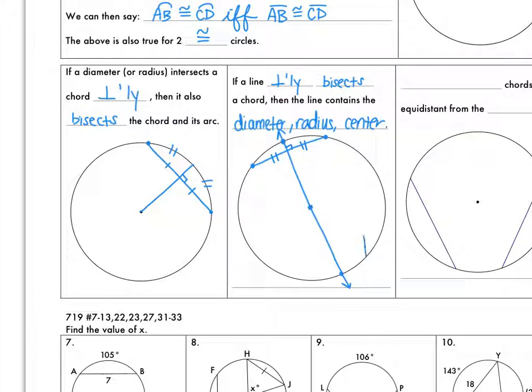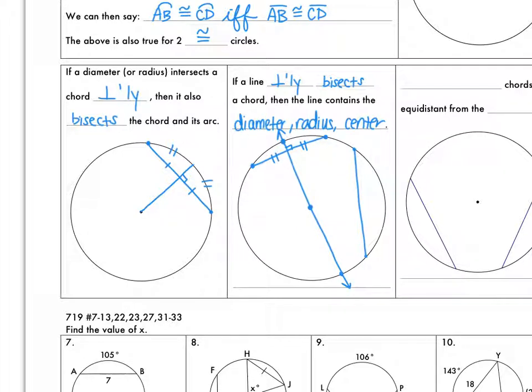So again, bear with me with my not straight chords and not bisecting. If you guys actually bisect these, you should measure it and make sure it hits perpendicularly, and it should go through the center of the circle. It'll be a lot more accurate than what I'm currently doing.